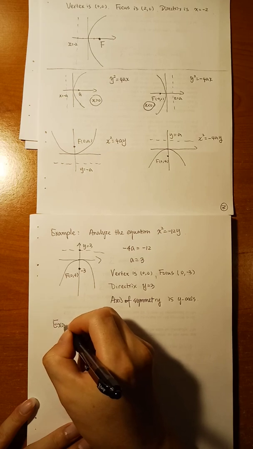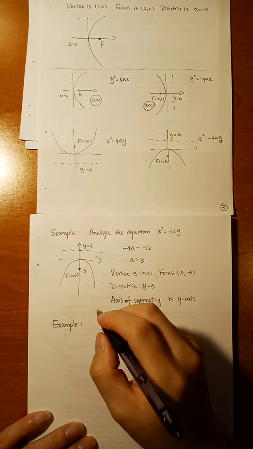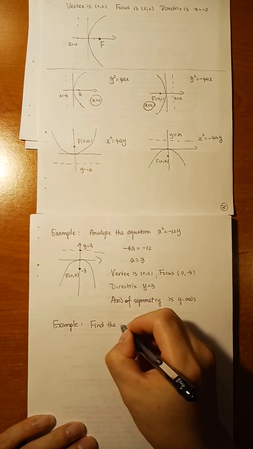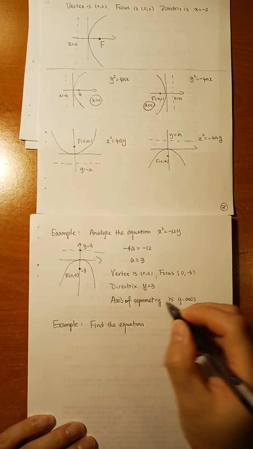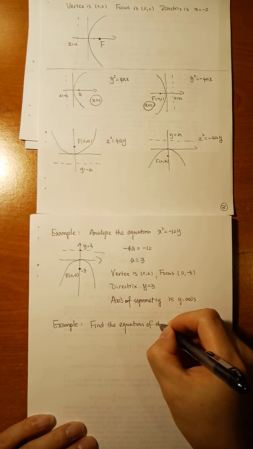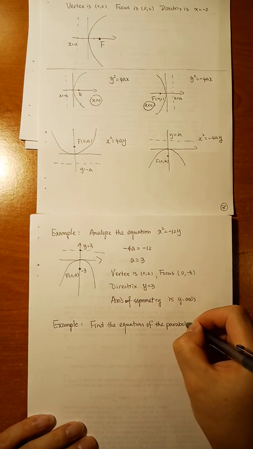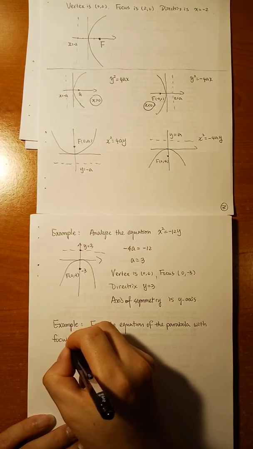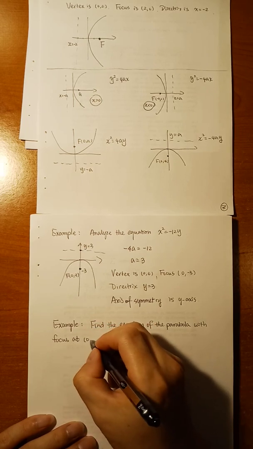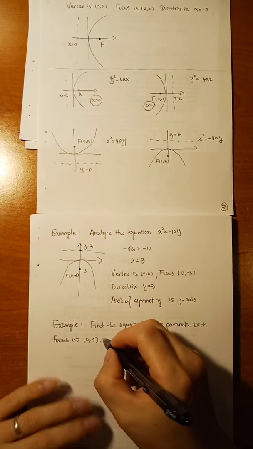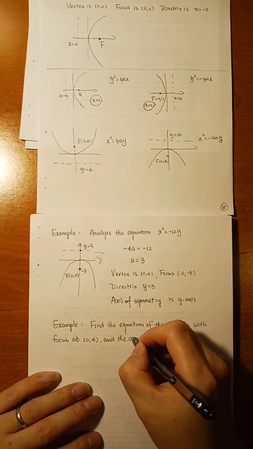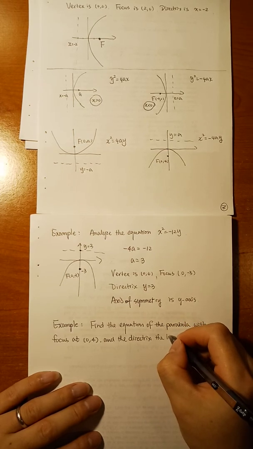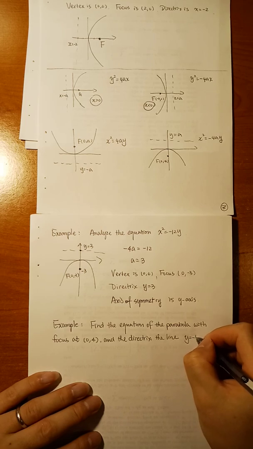Another example. Find the equation of the parabola with focus at (0, 4) and directrix the line y equal to negative 4.